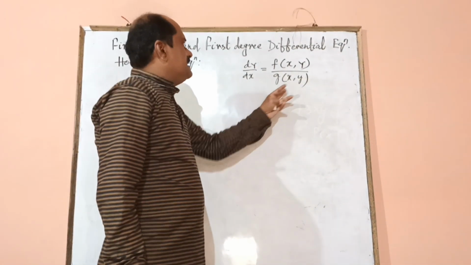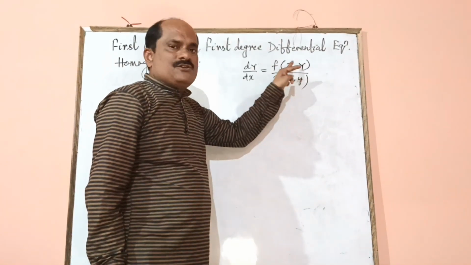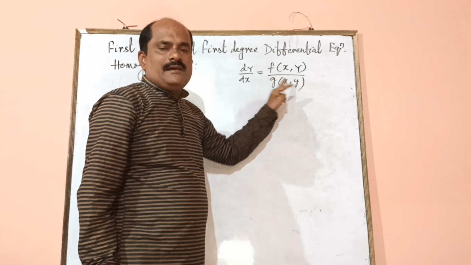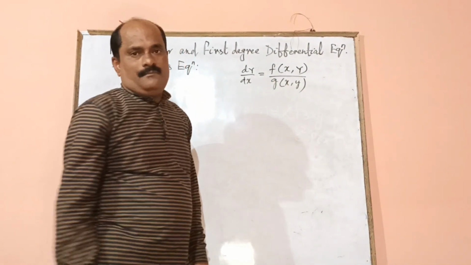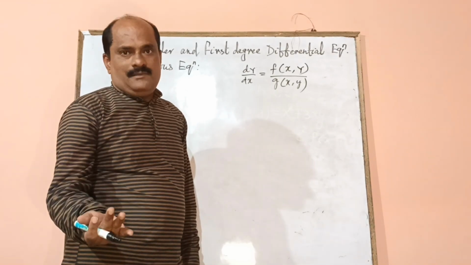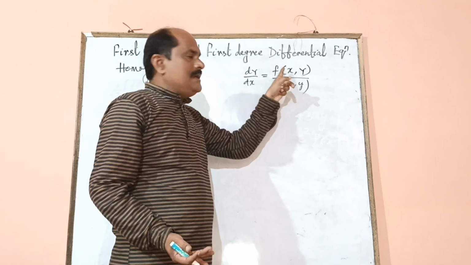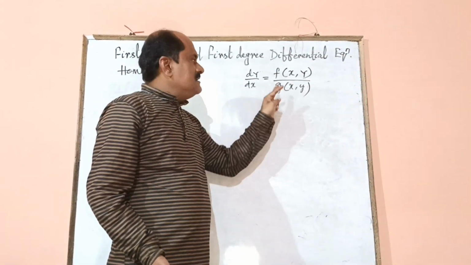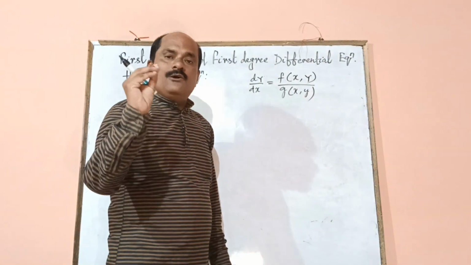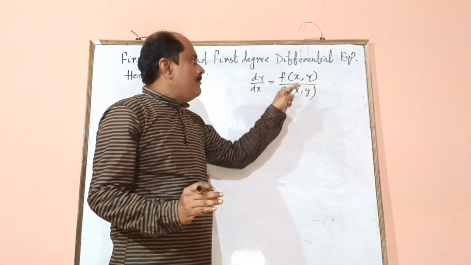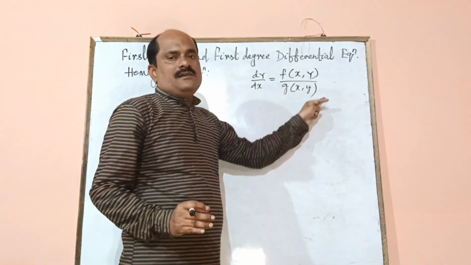This equation is a homogeneous equation if both f(x,y) and g(x,y) are homogeneous functions of the same degree. I repeat again: this is a homogeneous differential equation if f(x,y) and g(x,y) are homogeneous functions, and not only homogeneous but also of the same degree.